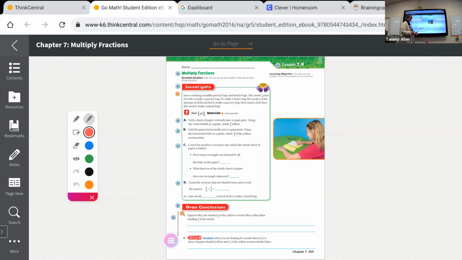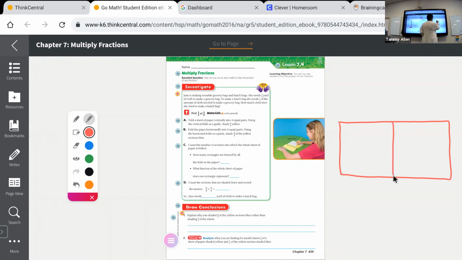That makes sense? Okay? Now, one way we can do this is we could use paper and fold it, right? Or we can just divide up our paper. Would that work for you guys? Okay. So if we have a piece of paper, if we want it to be in fourths, we could divide it into 4 equal parts that way, correct?